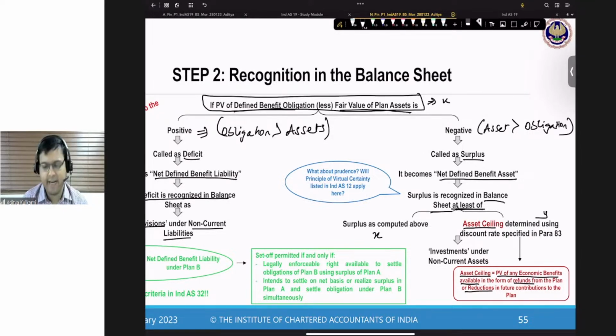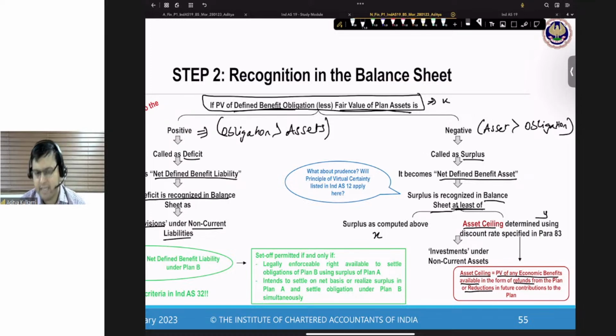The second is that you will not get a refund, but what you used to contribute substantially goes down. So the present value of the refund or reduction in contribution represents the economic benefit of those plan assets. So you are going to limit the surplus that you recognize to the present value of plan benefits.